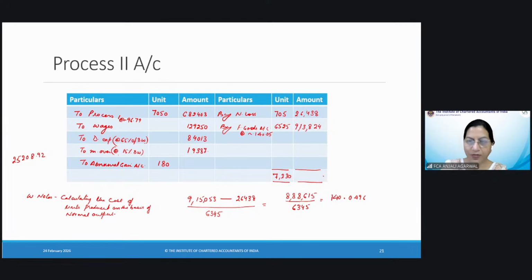It is 913,824 plus 26,438, which is 940,262. And from 940,262, I have to subtract 915,053. That will give me the price for abnormal gain. It comes out to be 25209, and therefore it exactly matches.